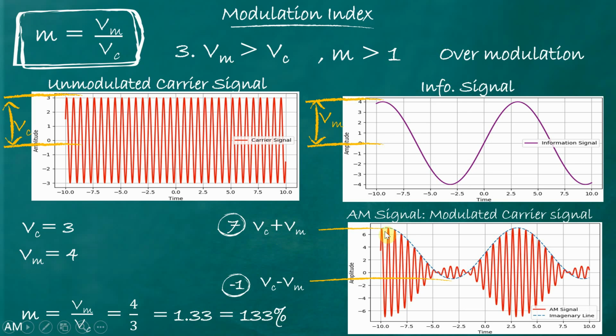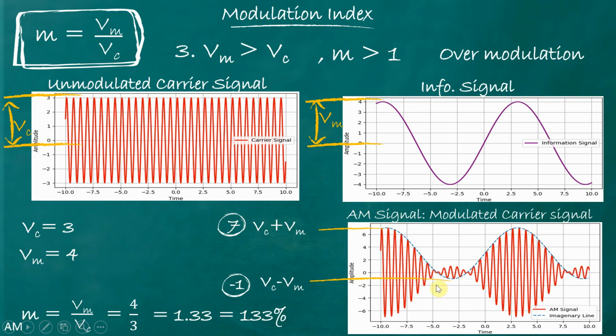Vc plus Vm will give the upper peak, which is 7, and Vc minus Vm will give minus 1. You can see the upper envelope will cross 0 and settle at the minus 1 level.